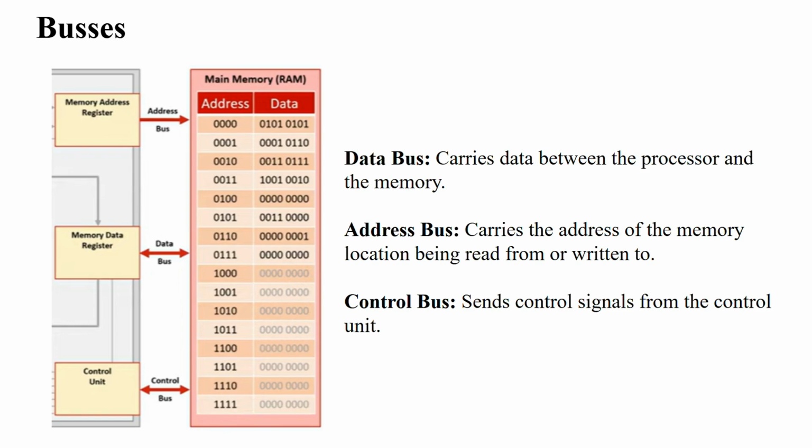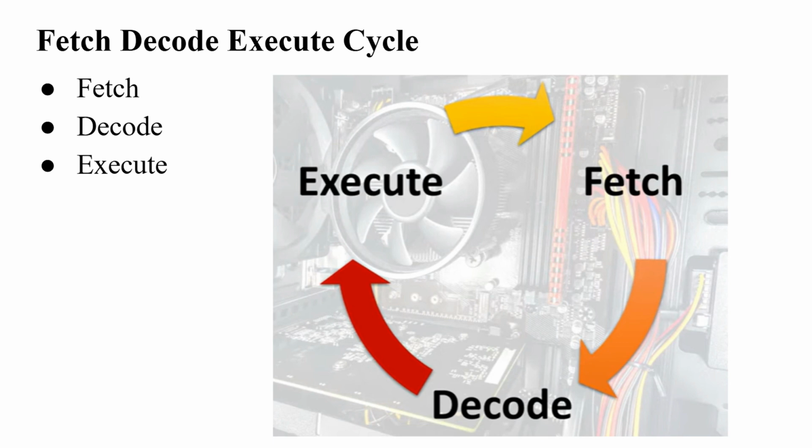This is directly connected to the data register. The address bus carries the memory location to be read from or written to, connected to the memory address register. The control bus sends signals from the control unit to RAM, the main memory, as shown in the model.